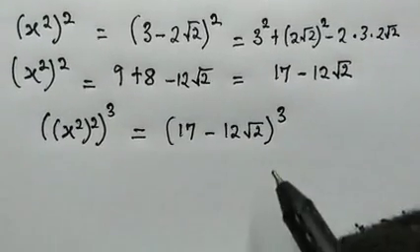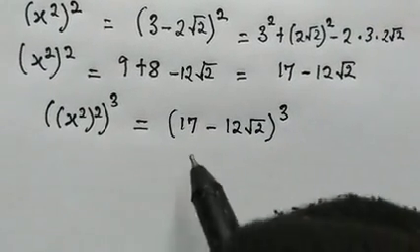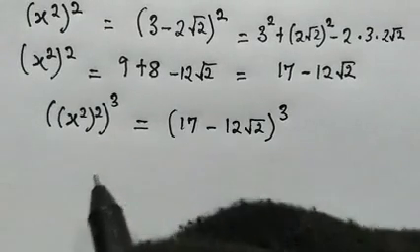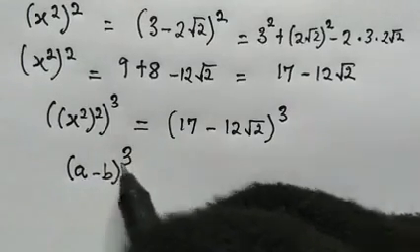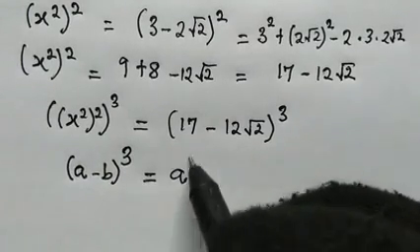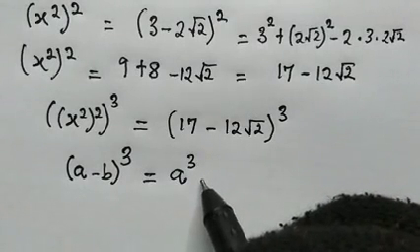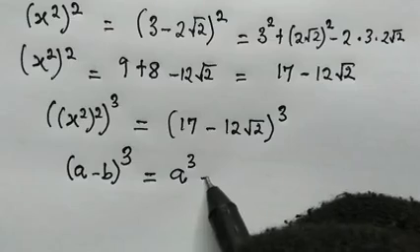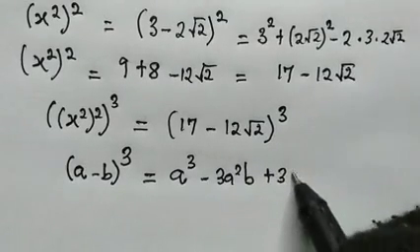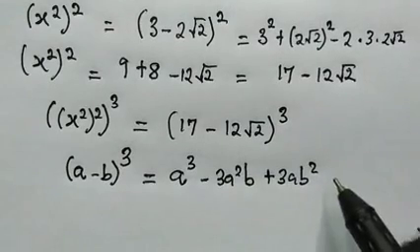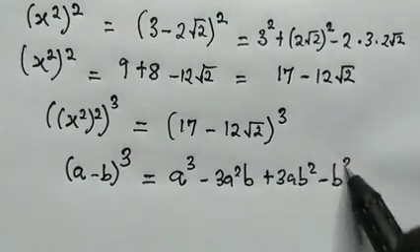So at the right hand side, let us make use of the following algebraic identity. So we know that a minus b cubed is equal to a cubed, then minus 3a squared b plus 3ab squared, then minus b cubed.